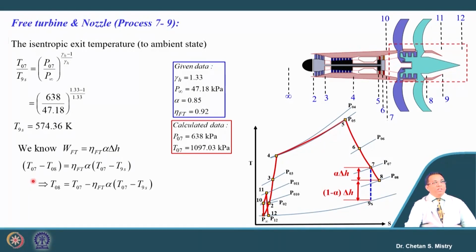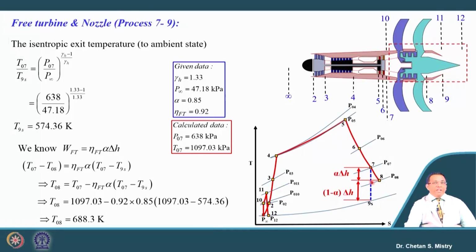Now we can calculate the outlet temperature from the free turbine. If we put all these numbers, T08 is coming to be 688.3 Kelvin. So, we now have information about this temperature.